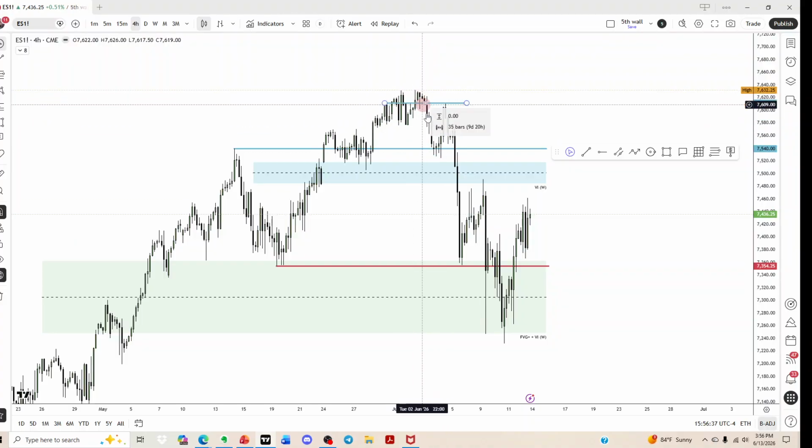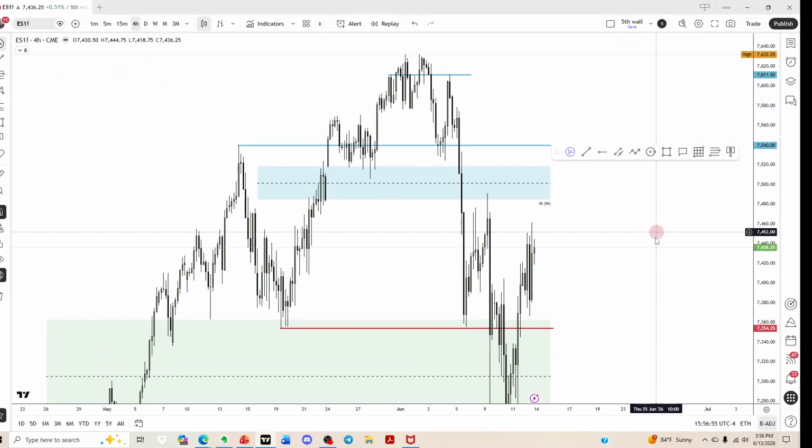This is the displacement. We have an imbalance here, imbalance here, so we have a volume imbalance here. We have a lot of reasons. We have a bullish fair value gap here that was violated here, so we do have a balanced price range here.